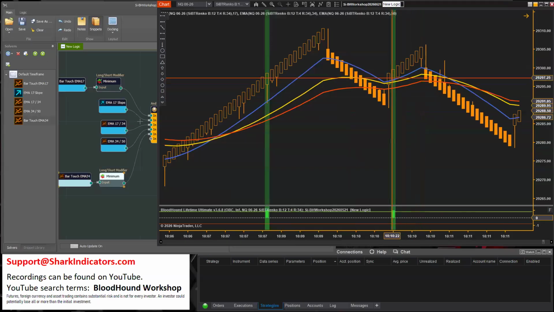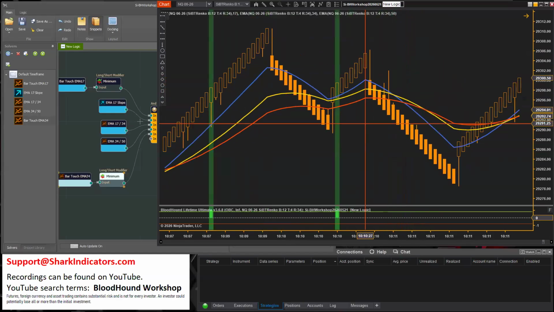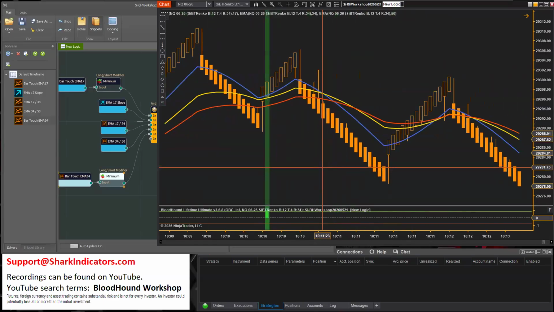And so here's another situation: does it really have to be a wick? Or what if the bar doesn't have a wick, something like that? Is that acceptable? Lots and lots of details here, but that was not a part of the question there.